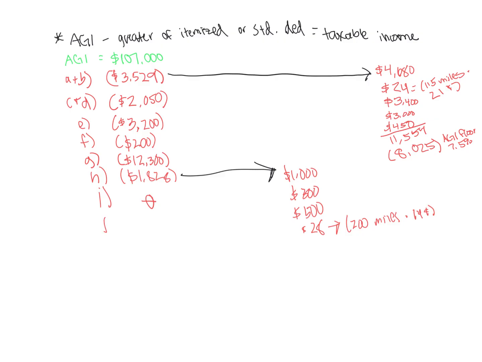If we go to letter J. J says Shauna is involved in horse racing as a hobby. So key word there, hobby. During the year, she won $2,500 in prize money and incurred $10,000 in expenses.